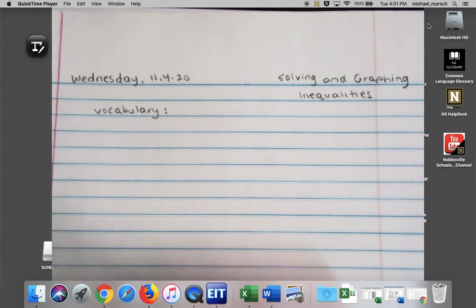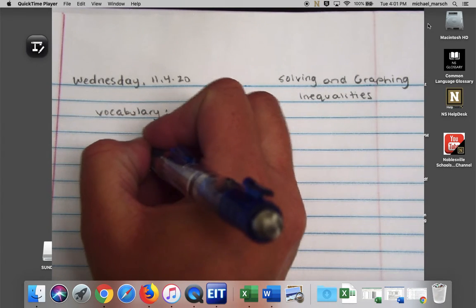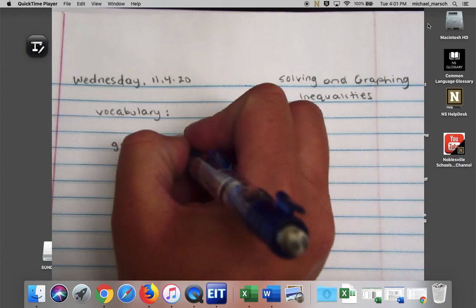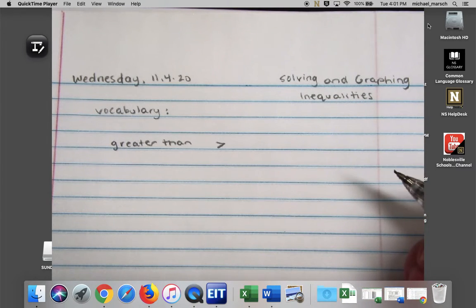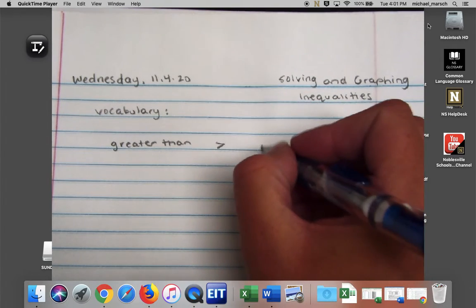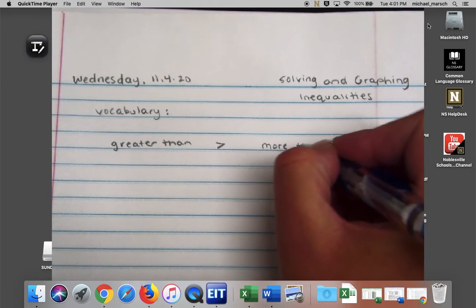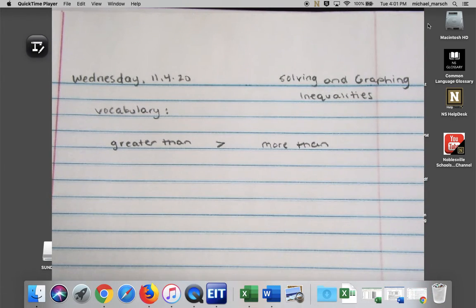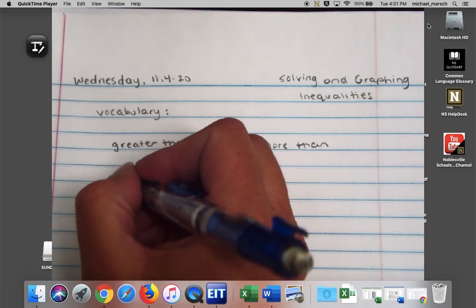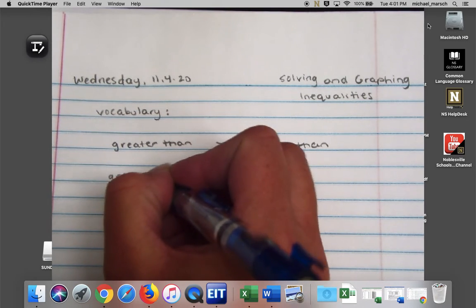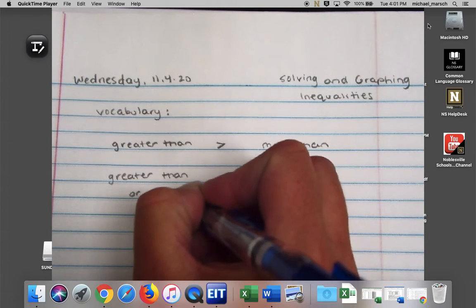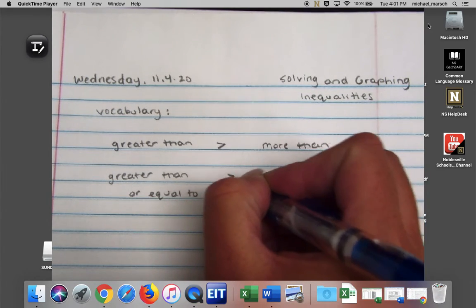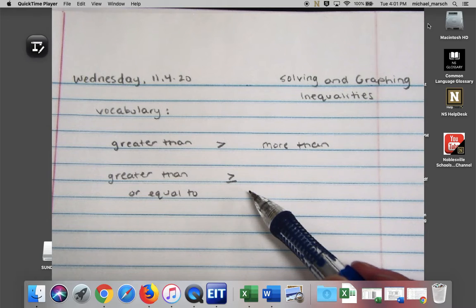All right, so we have greater than, which looks like this, right? Another word for greater than would be more than. We also have greater than or equal to, and that's when you have the greater than symbol with the equal sign as well.